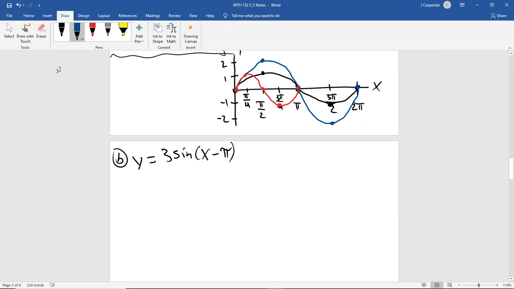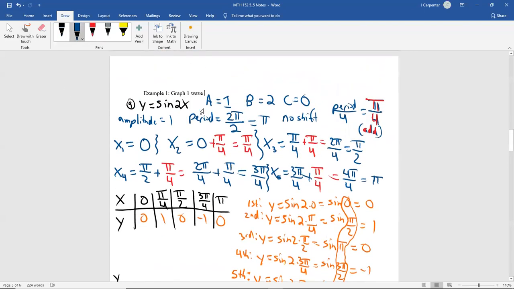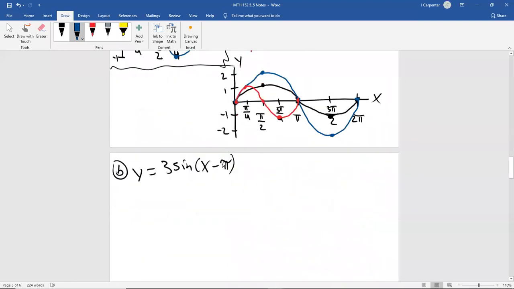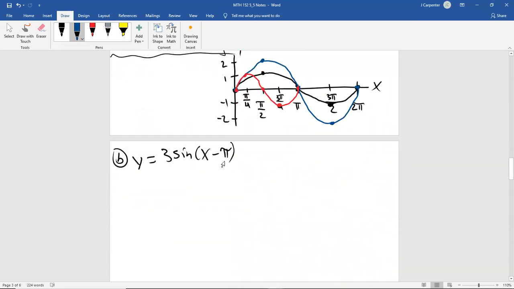Identify the A, the B, and the C. We can kind of mirror this last example. We identified the A, B, and C, so we could label the amplitude, period, the shifting factor, and the number we have to add over and over 4 times to get full circle. And then we start finding the X values, then we start finding the Y values. This is a complicated process, but with practice, it becomes more normalized.